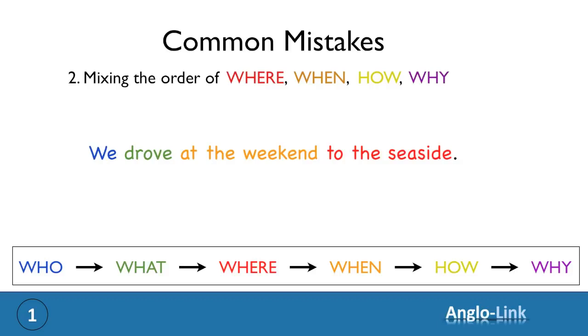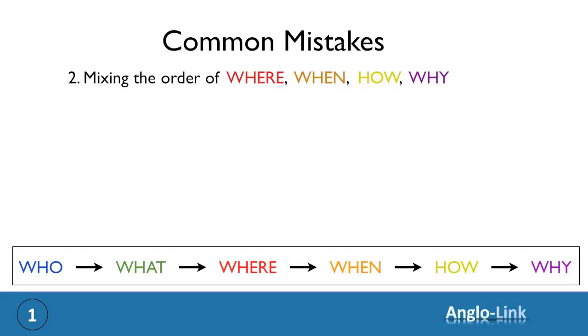The correct order is we drove to the seaside at the weekend. Let's look at another example. He goes by train to work. Once again, the where and the how have been switched. The correct order is he goes to work by train.